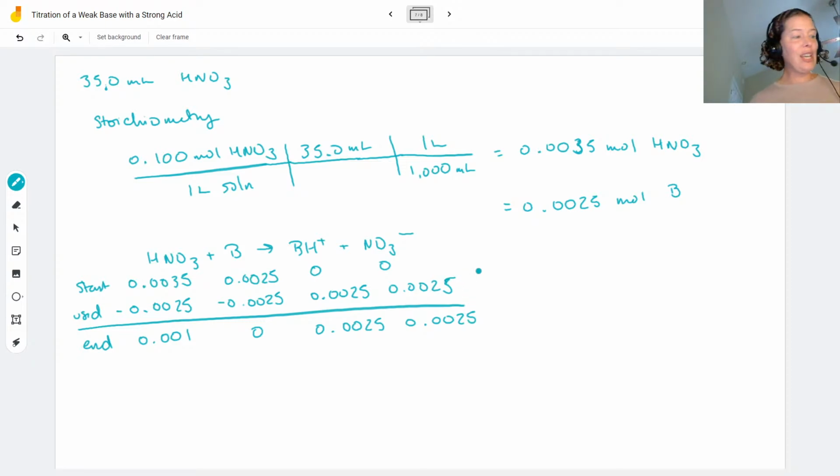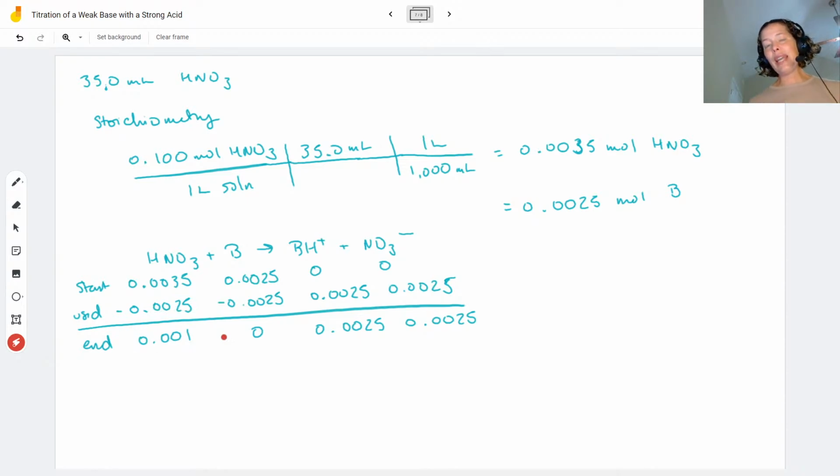Now, at this point, we've actually got a really easy problem because we have moles of a strong acid, which means our smaller number of moles of our weak acid just are not going to make a difference in terms of our pH. We only need to focus on our moles of our nitric acid.